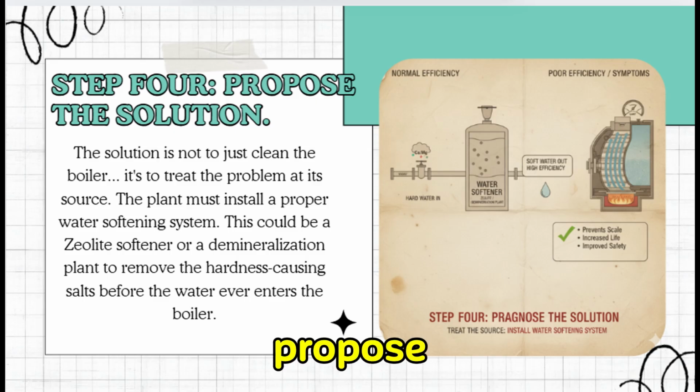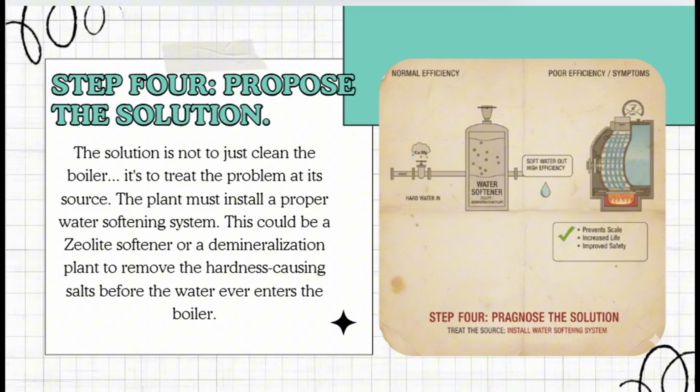Step 4. Propose the solution. The solution is not just to clean the boiler, it's to treat the problem at its source. The plant must install a proper water softening system. This could be a zeolite softener or a demineralization plant to remove the hardness-causing salts before the water ever enters the boiler.